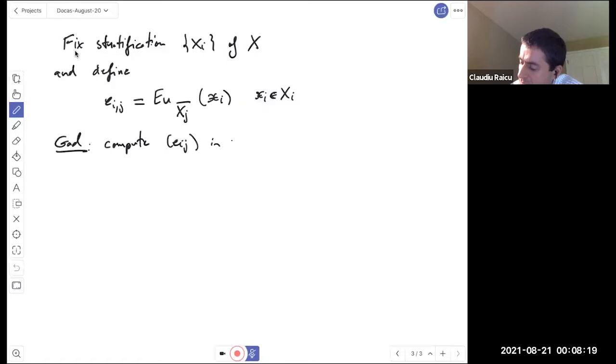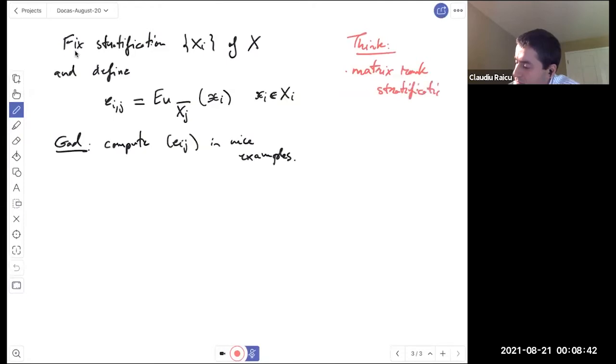In nice examples. And just to have some in mind, and I'll go into more details, for instance, I like the matrix rank stratification. Or you take a flag variety, look at the Schubert stratification.